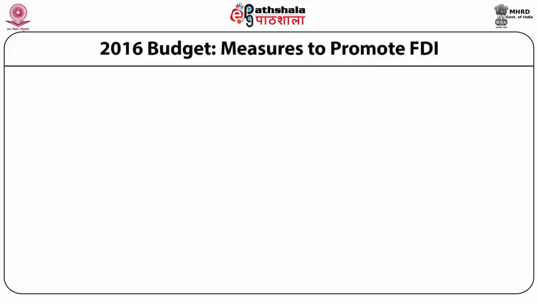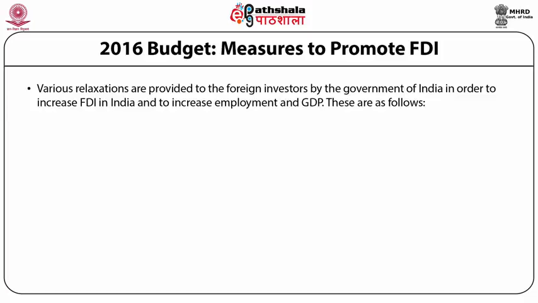2016 budget measures to promote FDI. Various relaxations are provided to the foreign investors by the Government of India in order to increase FDI in India and to increase employment and the GDP. These are as follows.